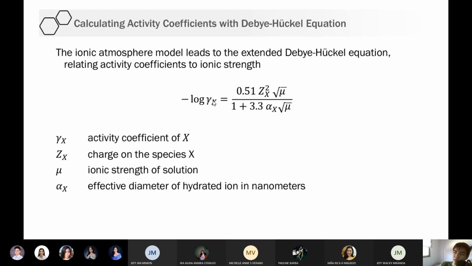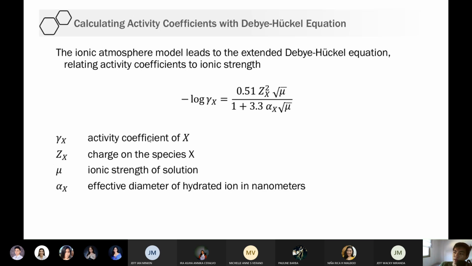If the charge increases, gamma will decrease. If mu increases, gamma will decrease, and so on. So to solve for gamma, we have to use this equation.